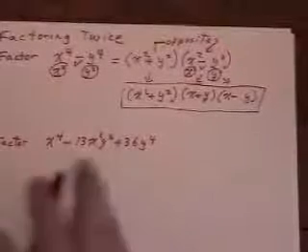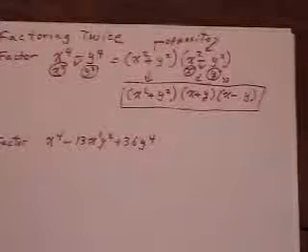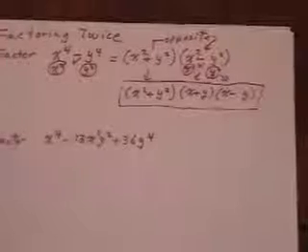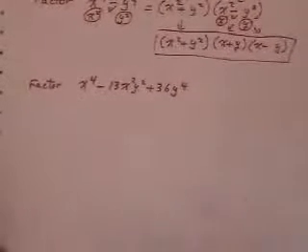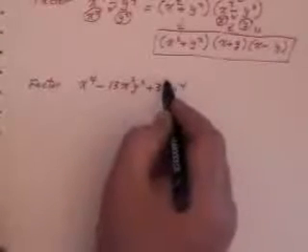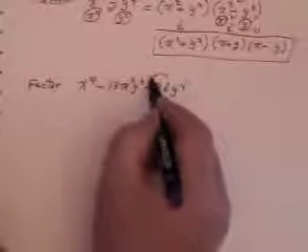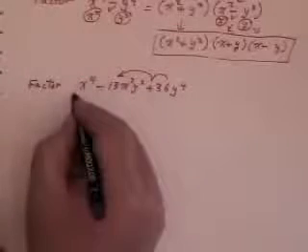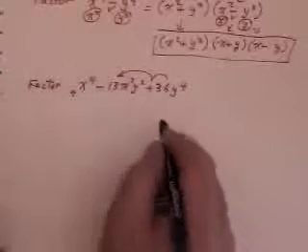Now this one fits the same pattern here. Okay, I am looking for something that can factor. And what multiplies to make 36 and adds up to 13? This is just a simple trinomial because there's no number in front.